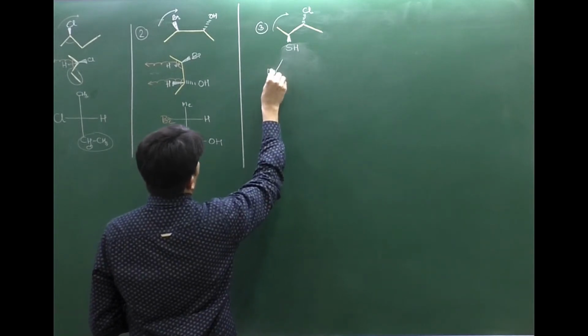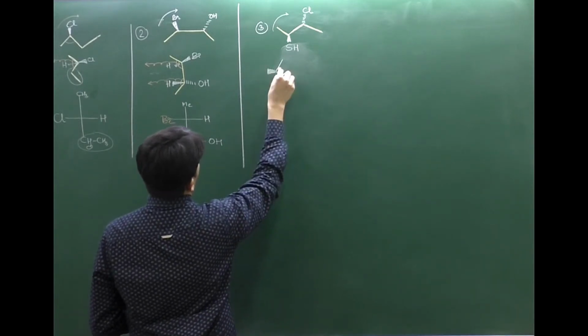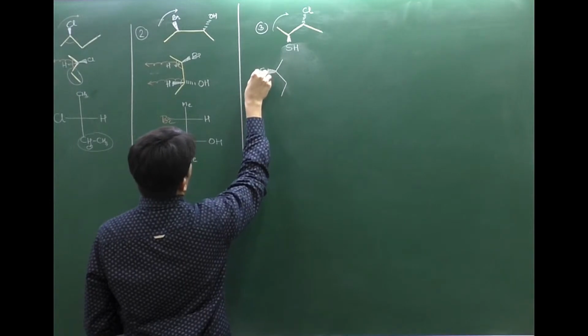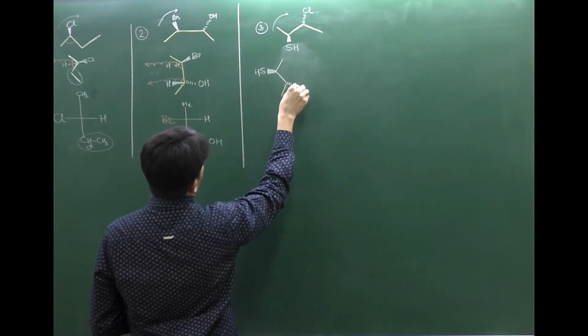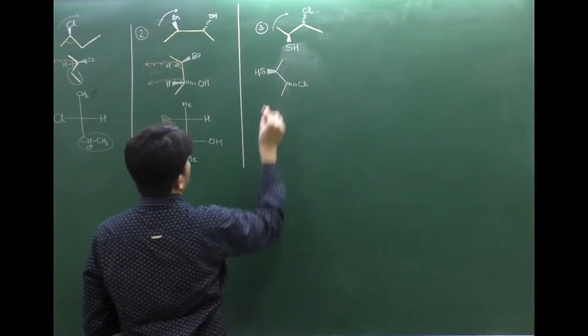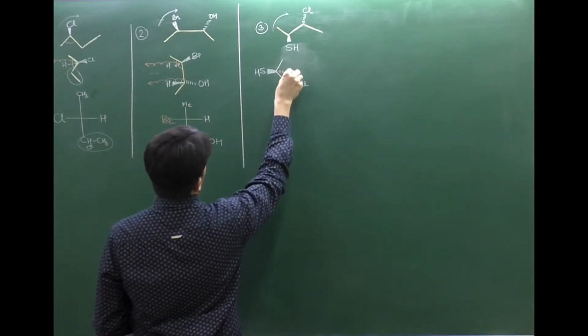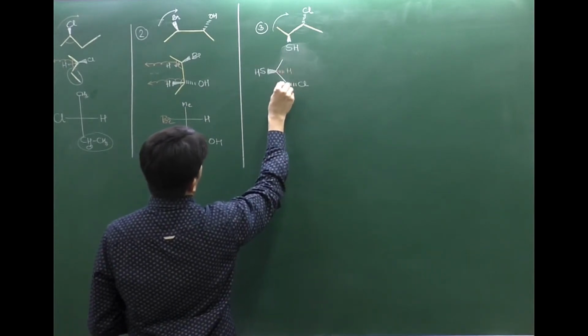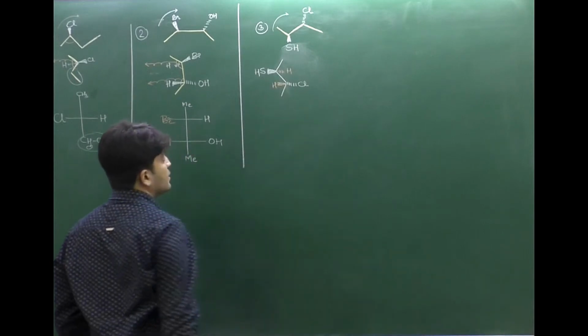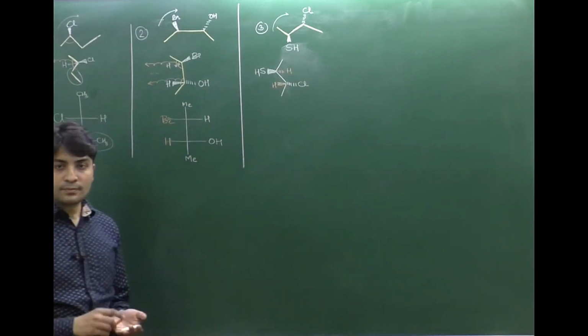Yeah, and now the SH, the thiol group, would come on to the left, the Cl will come on the right. So the hidden valency over here is H behind, and here the H in front.